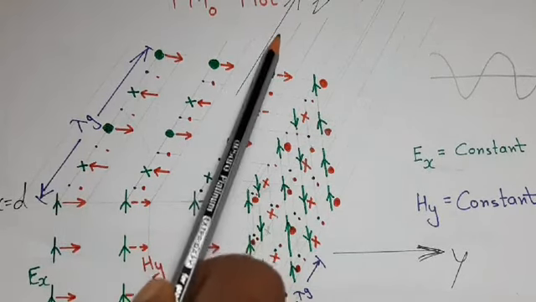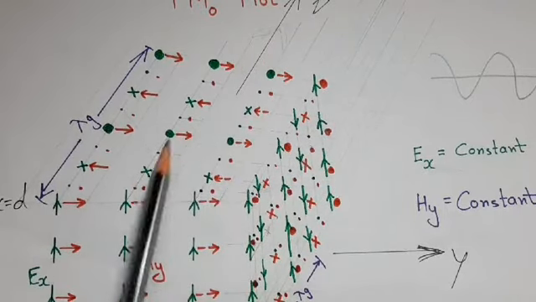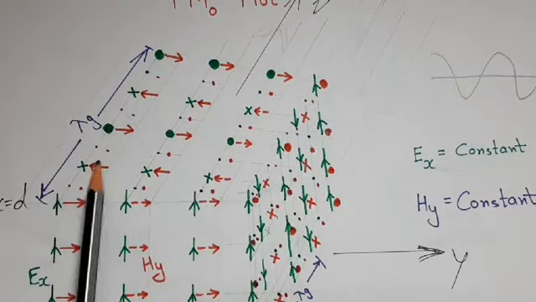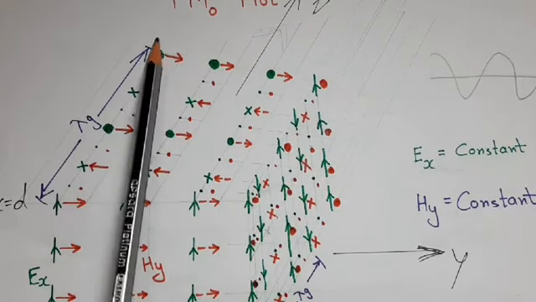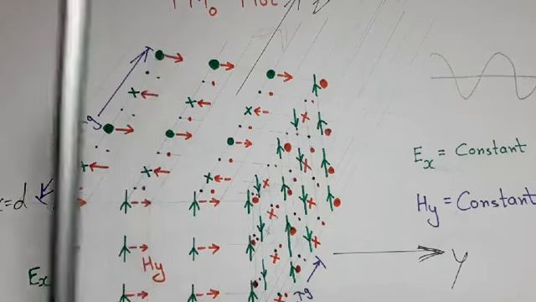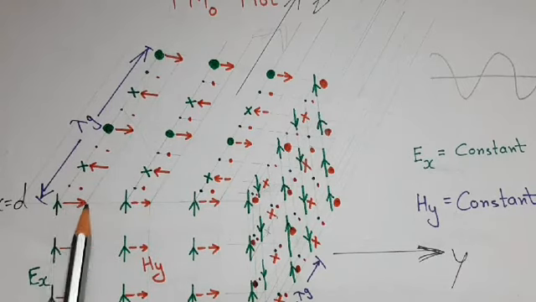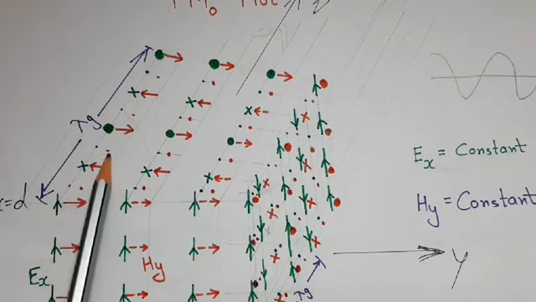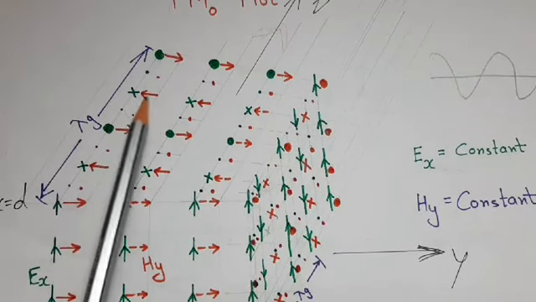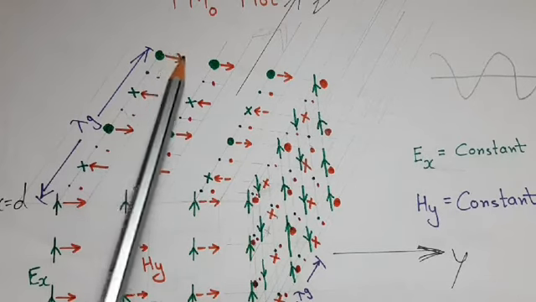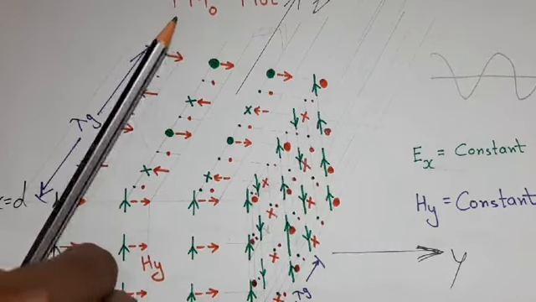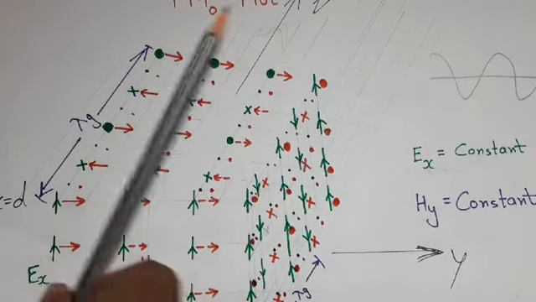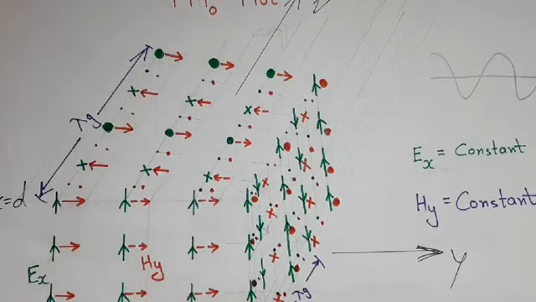That's why the electric field varies positive max, then 0, then negative max, then 0, positive max, 0, negative max, 0, positive max. Similarly, the magnetic field which has y direction is positive max, then 0, negative max, 0, positive max, and so on. And the same pattern of field remains constant in the y direction. So this is all about the TM0 plot.